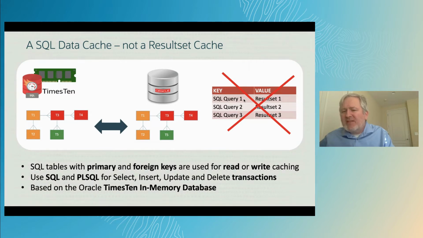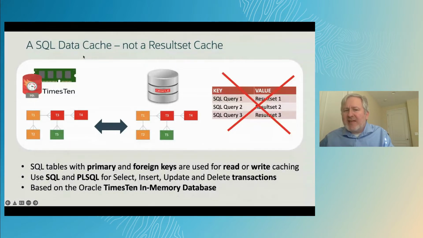It could be something as simple as you have different bind variable values for your query, or you have some extra or different conditions in your where clause. Unless the query exactly matches, it's not going to work in the result set cache. So result set caches are incredibly inflexible and inherently inefficient just because of their design. They're easy to understand and easy to implement, but they're not very efficient.